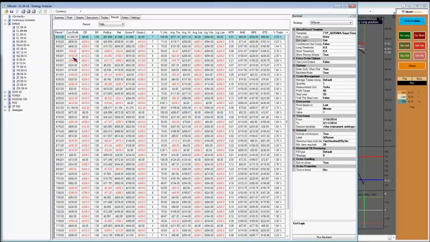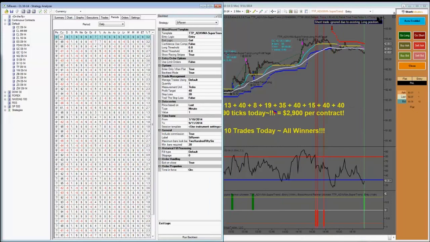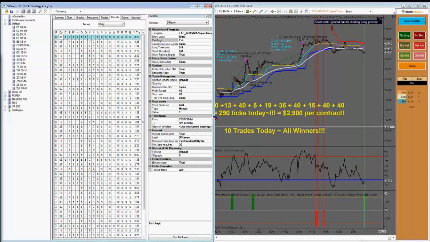And then you can see, yes, we do have losing days, but we don't have losing weeks. So pretty incredible. And like I keep saying, I would have never known this had it not been for BloodHound, right? And it's just an incredible piece of software, and I hope you see that now.